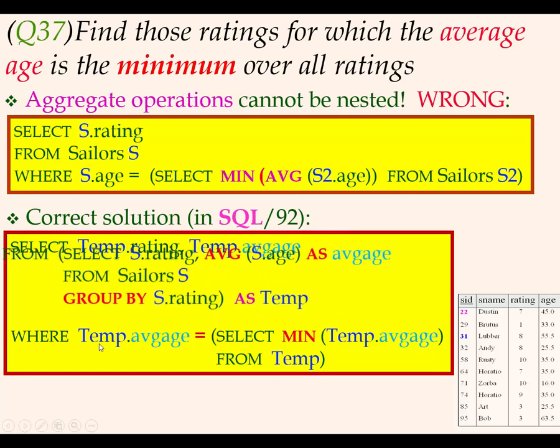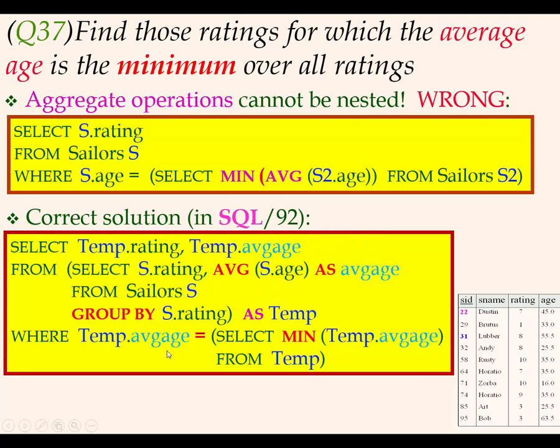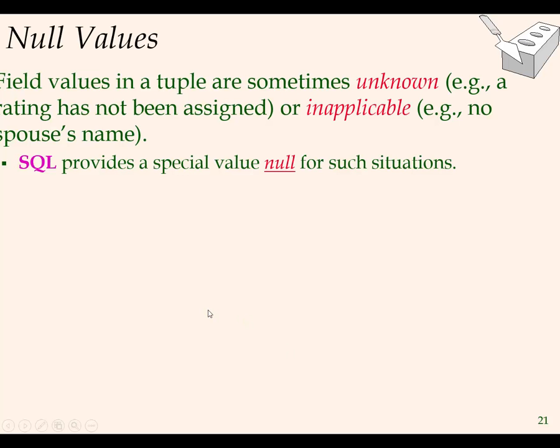I'm going to create a relation, temp, and I'm going to put the average age that is the result of executing the select. And as you can see, even the group by can have an inner query. So this is my intermediate table that I'm creating. Again, I'm not saying you'll be able to write this without spending some time in writing it.